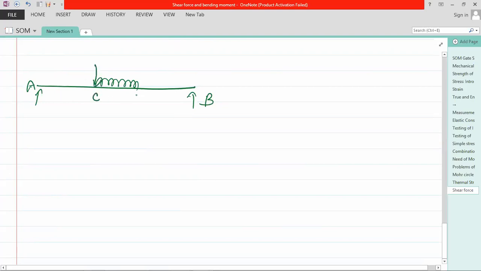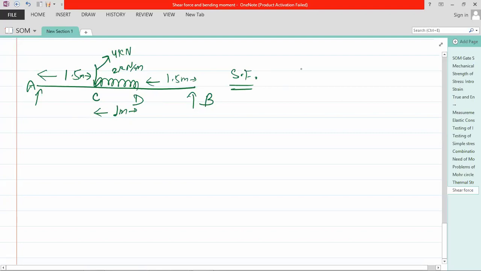That is C and that is D. Now this is 1.5 meter. This load is 4 kilonewton. This load is 2 kilonewton per meter, and this is 1.5 meter length, and the whole length is 4 meters. So this is 1 meter. You have to make the SF diagram.